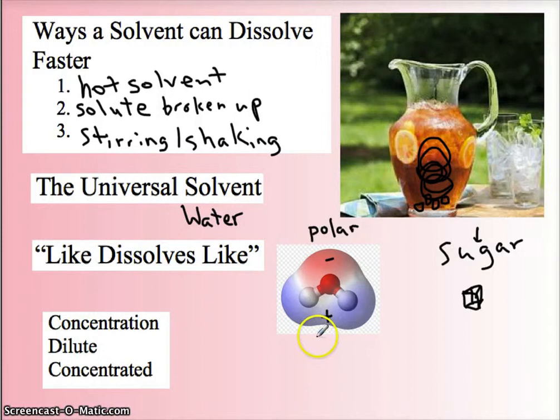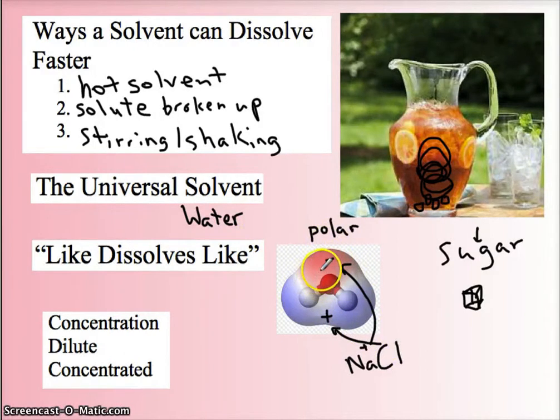So when you have ionic bonds like NaCl, you may remember they're not true bonds, they're just the ions pushed together. And you have something that is positive like Na, it is attracted to the negative side, and the negative Cl is attracted to the positive side, so it's just more attracted to water itself because it's polar.